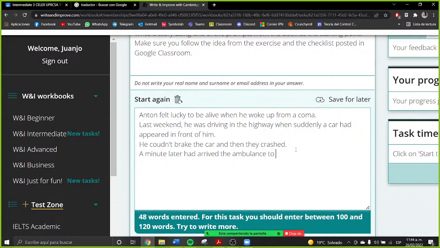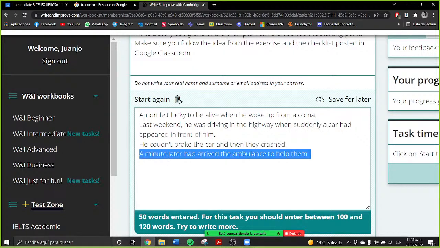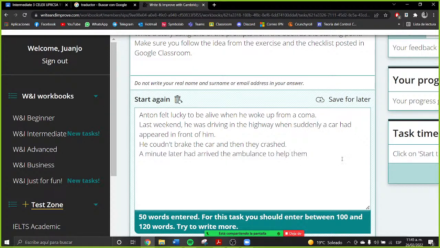Sería for help to him. Help them, ¿no? Sí, porque eran dos autos. Ajá. Es cierto. Ok. Ok, ya tenemos eso. Podemos usar más de estos. Suddenly. Ajá. Y a minute later son esos, ¿no? Ajá. Ok. ¿Qué otro podemos usar? Ujú.